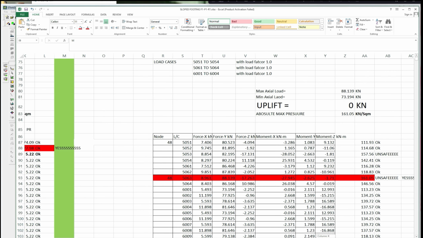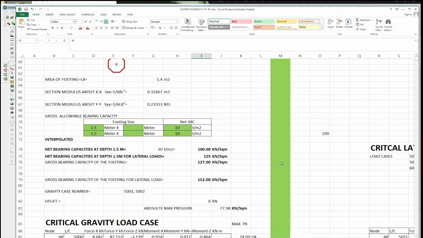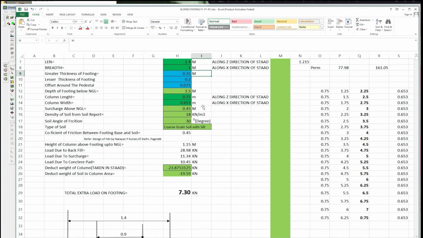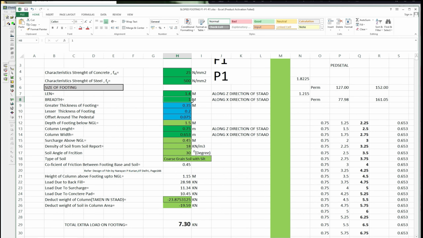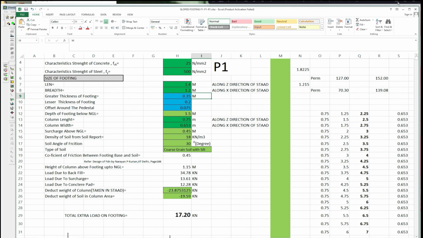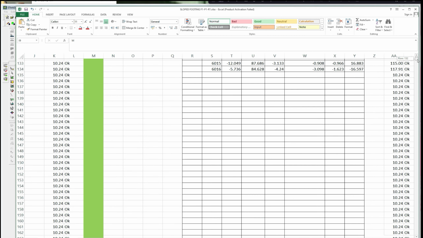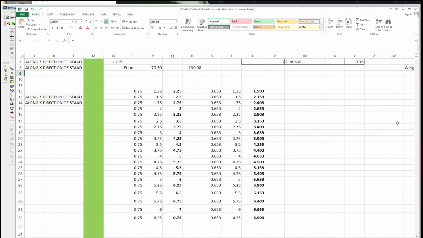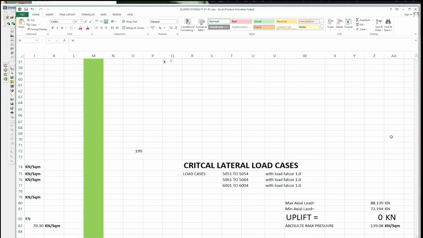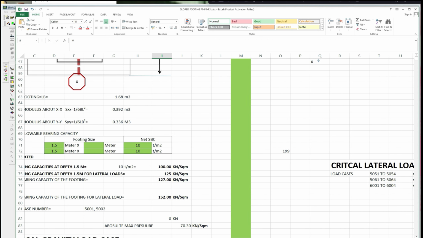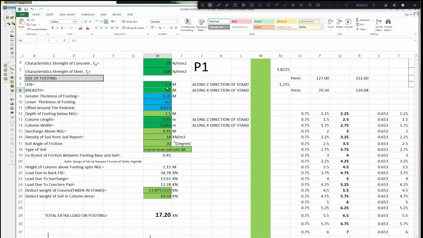One point two by 1, it was 1.2, it was 1.4 by 1.2. So with this, the maximum pressure in lateral load cases is 139. 1.4 and 1.1 works best for this case.